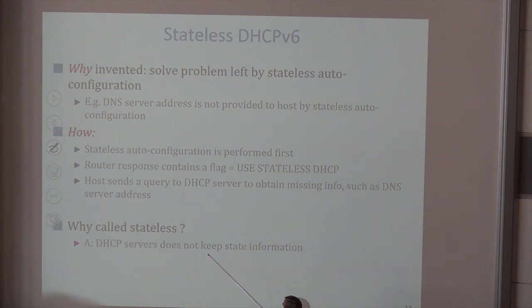It's called stateless because here the DHCP server simply is like a DNS server. It's responding only one question, which is always the same, which is what is the IP address of the DNS server? And in principle, it doesn't care who is asking that question, as long as it's somebody that's coming from the enterprise network.